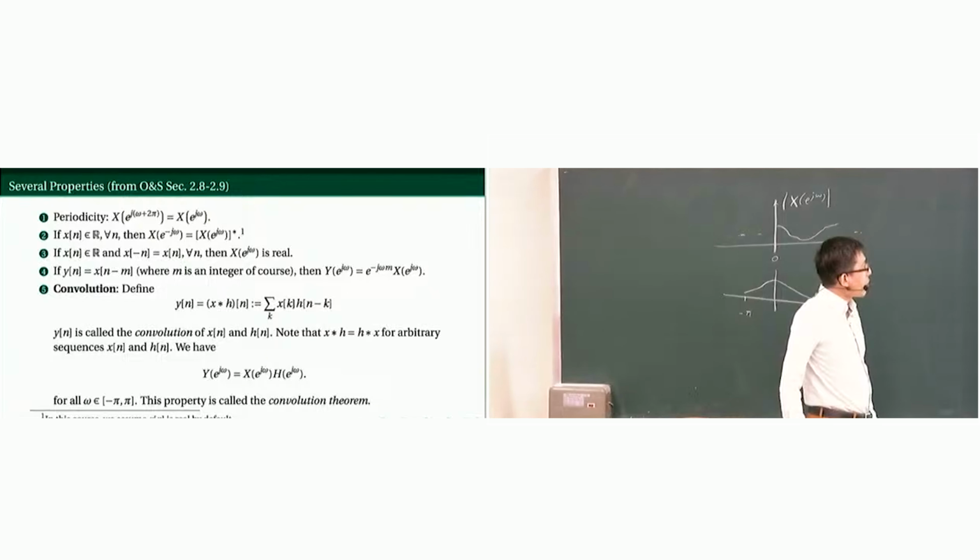Okay, the second property is also quite important. So I recommended to you that in this entire semester, unless we mention otherwise, if we don't mention, then we assume that our signals in time are real valued.